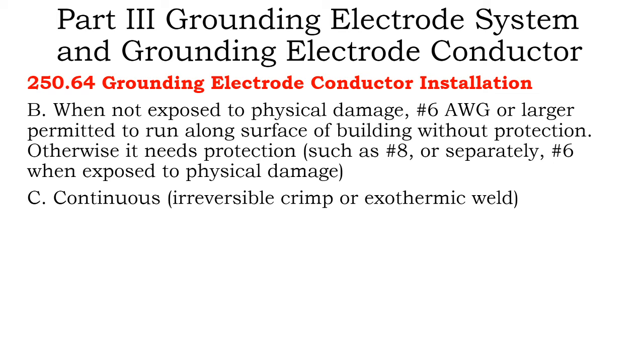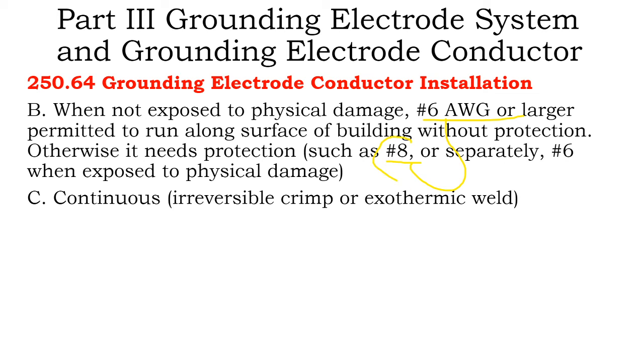When not exposed to physical damage, a number 6 ground is permitted to run without protection. Otherwise, it needs to be physically protected. So in solar, that grounding electrode conductor that needs to go all the way up to the rail on the rooftop, the smallest size is number 8. But if you make it number 6, you can just run number 6 bare copper up to the roof and tie off on it.